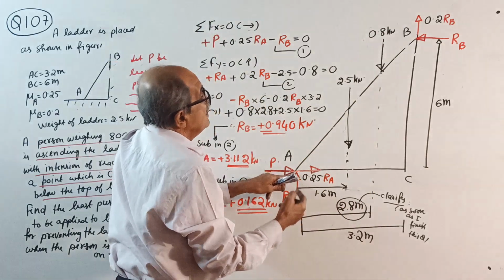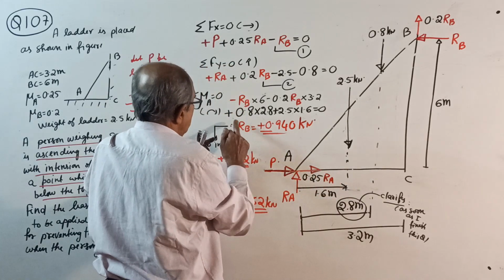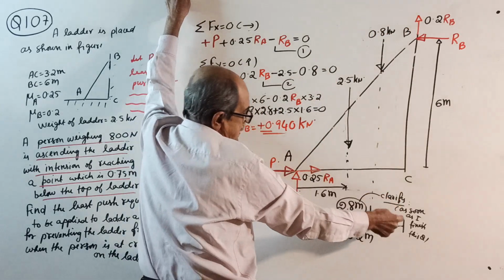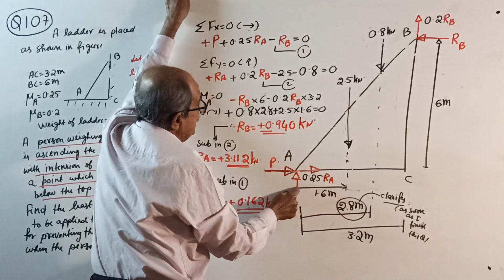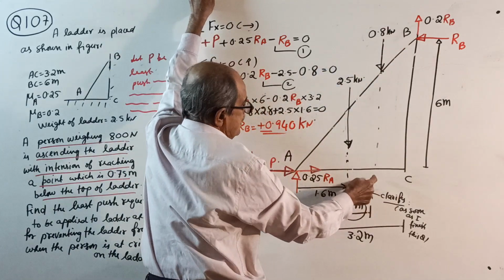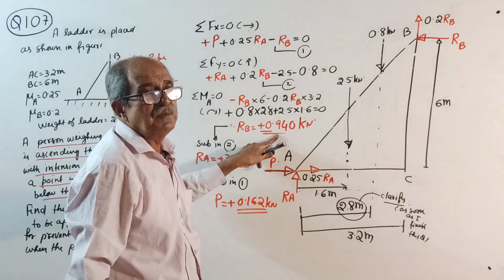Take moment about A: minus Rb into 6, minus 0.2 Rb into 3.2, plus 2.5 into 1.6 and also plus 0.8 into 2.8 equal to 0. You will get the value of Rb here.